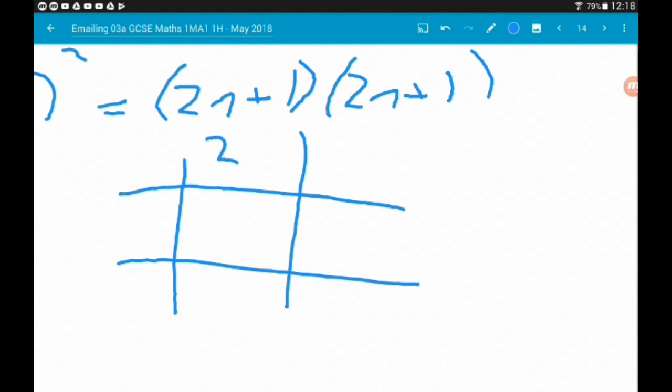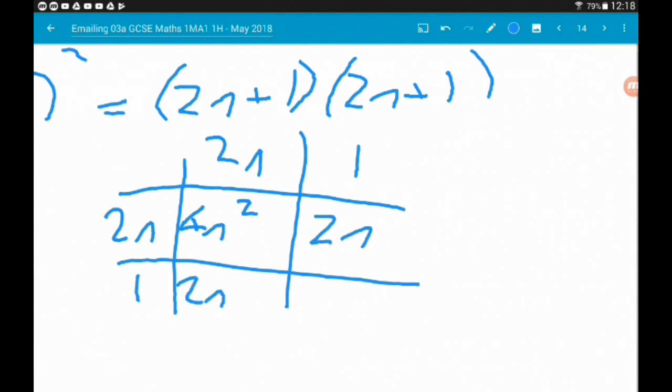So we're going to put 2n and 1 across the top, 2n and 1 down the side. The 4 empty boxes are now a multiplication between what's above and what's at the side. So 2n times 2n is 4n squared, 2n times 1 is 2n, and then we got this 1.